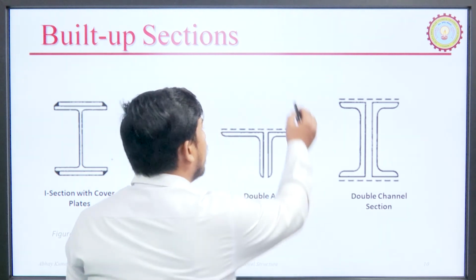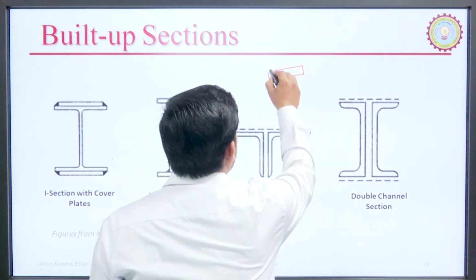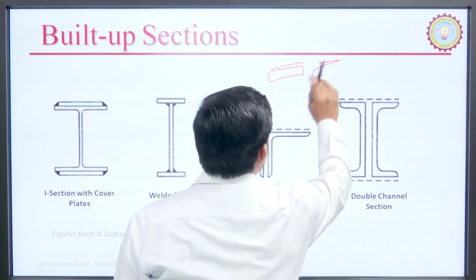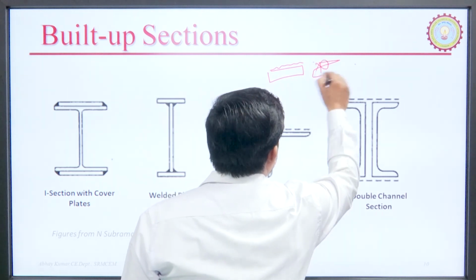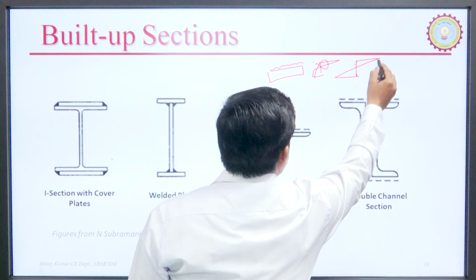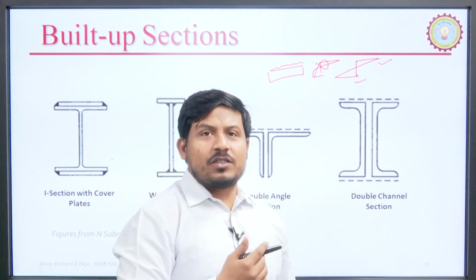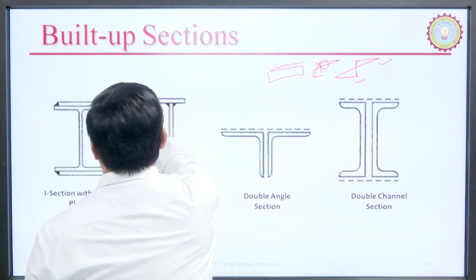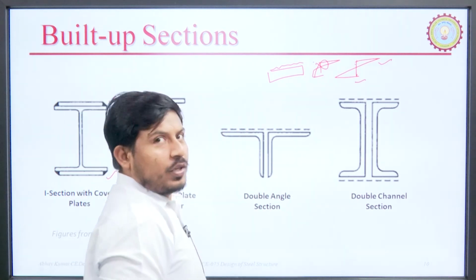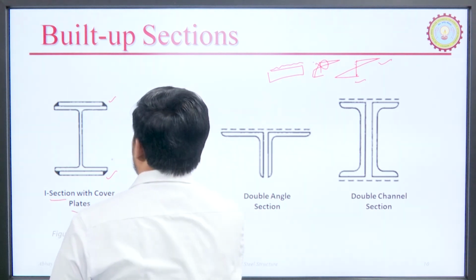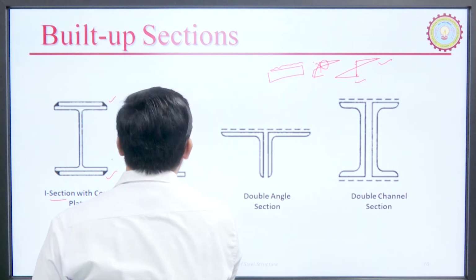For example, there is a beam and this beam is subjected to very heavy load. Therefore, the stresses will be very high at this very level. To increase the resistance at these points, we must increase the load carrying capacity, and what are we doing? We are providing cover plates on the I section.